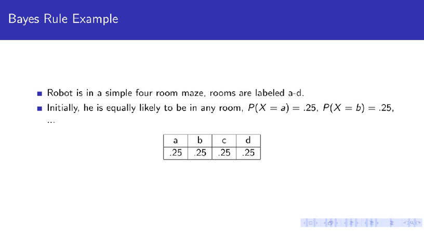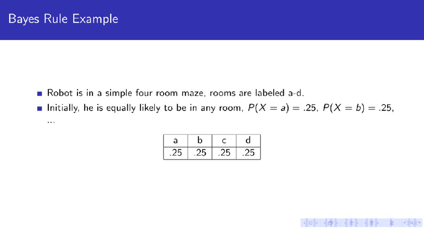So let's make that concrete. Let's just work through a little bit of an example. So in this example, we have a random variable x that can take on one of 4 values. And this random variable expresses the location of a robot in this very simple environment. So there are 4 rooms, maybe 4 locations in a hallway, A, B, C, and D. And we know that the robot is in exactly one of those locations.